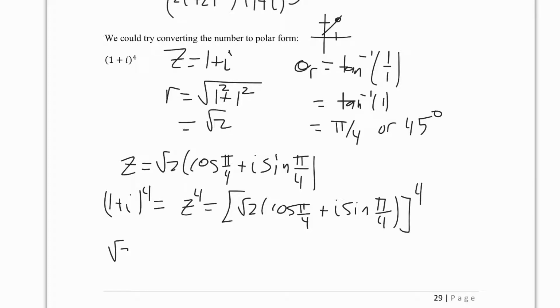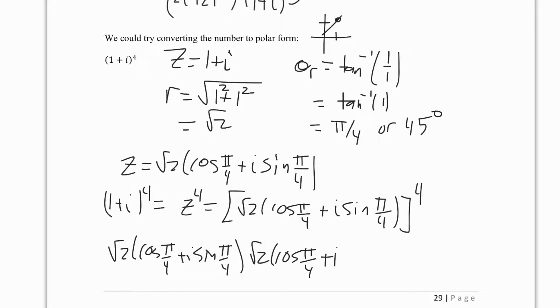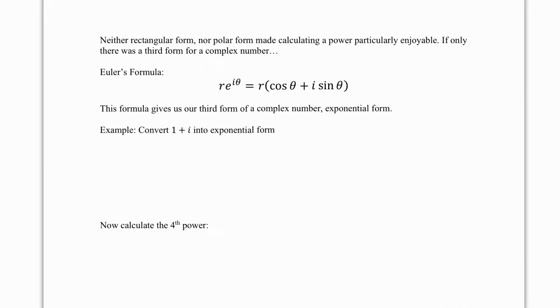Well, that means we'd have root 2 cos pi by 4 plus i sine pi by 4 times root 2 cos pi by 4 plus i sine pi by 4, and, well, you get the picture. This isn't necessarily helping either. So what else could we do?